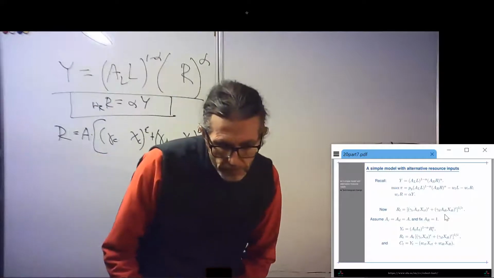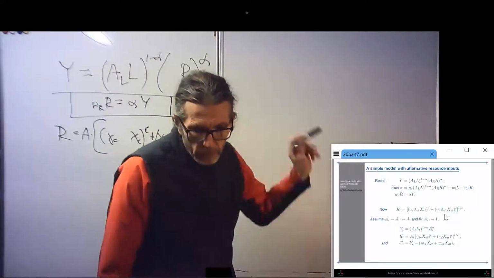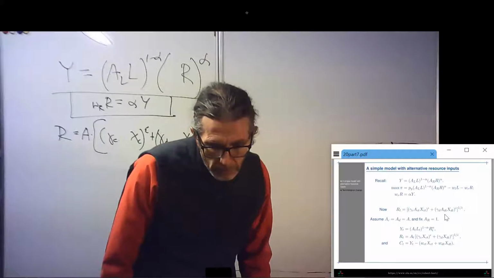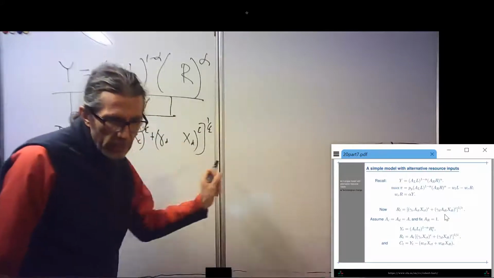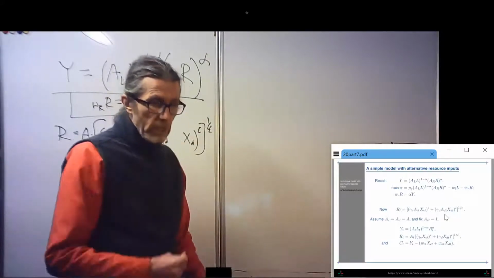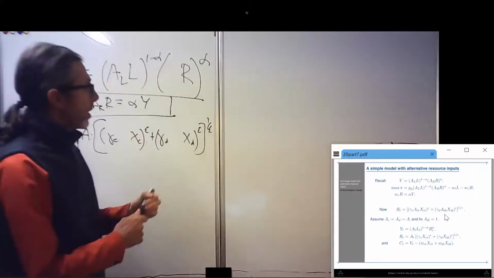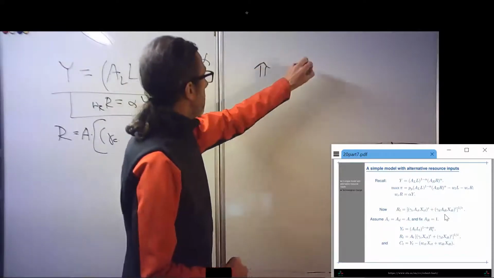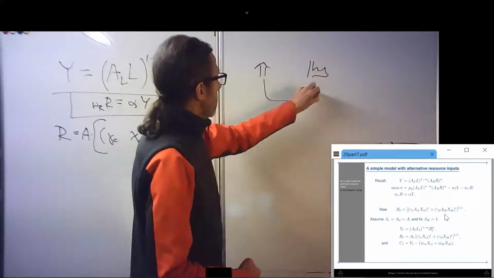Okay. So then we have Yt equals blah, blah, blah. We have R equals AT. And then it's a general equilibrium model. What's going on in general equilibrium?